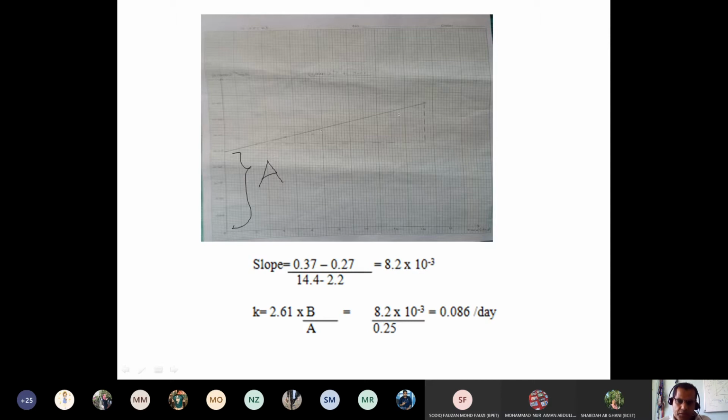From this equation, you can find out that K will equal 0.086 per day. So from 2 graphs, you can calculate: from the first graph, BOD5, the 5-day biological oxygen demand. From the second graph, you find K, the rate of reaction.